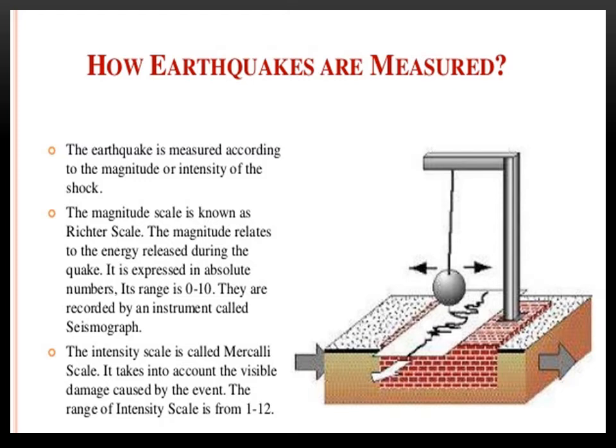The magnitude or the amount of energy released by an earthquake is calculated using the Richter scale. It is a logarithmic scale where the numbers on the scale measure factors of 10. Do you know what a logarithmic scale is?